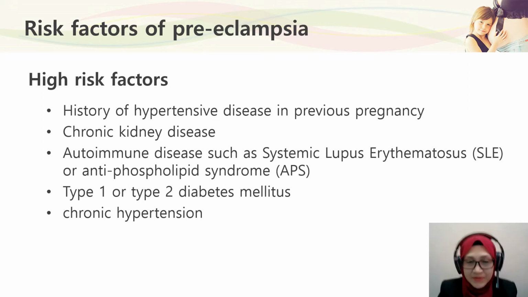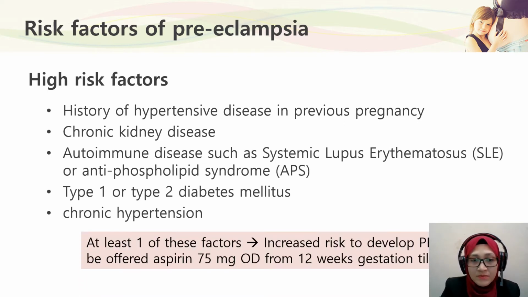If they had hypertension in the previous pregnancy, they are likely to get it in the current pregnancy also. Chronic kidney disease, autoimmune disease such as SLE, type 1 or type 2 diabetes, or chronic hypertension. So with at least one of these factors, the woman has an increased risk to develop preeclampsia and should be offered aspirin 75 milligram OD from 12 weeks of gestation.